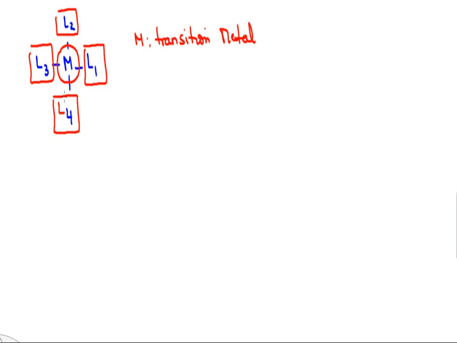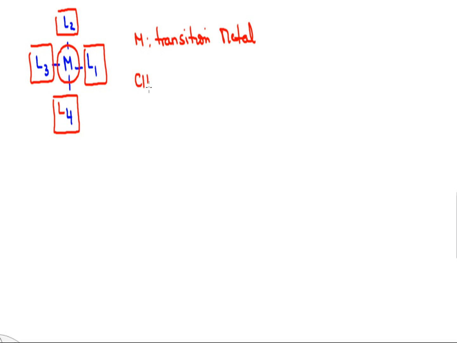If we know the nature of these ligands, we can predict the number of electrons donated by each ligand to the metal M. How to know the number of electrons donated by a ligand?